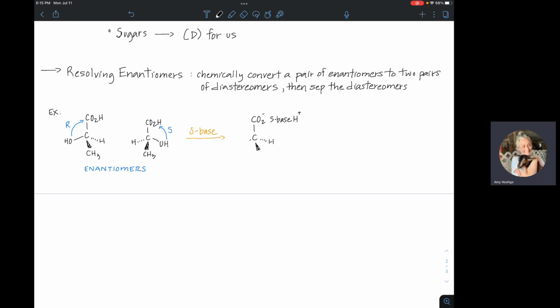So I'm making a salt here. Just draw on that first molecule, deprotonated. So all I did was salt this thing out, right? And then over here, I've got the same thing, CO2 negative. So I have my salt. These are diastereomers.